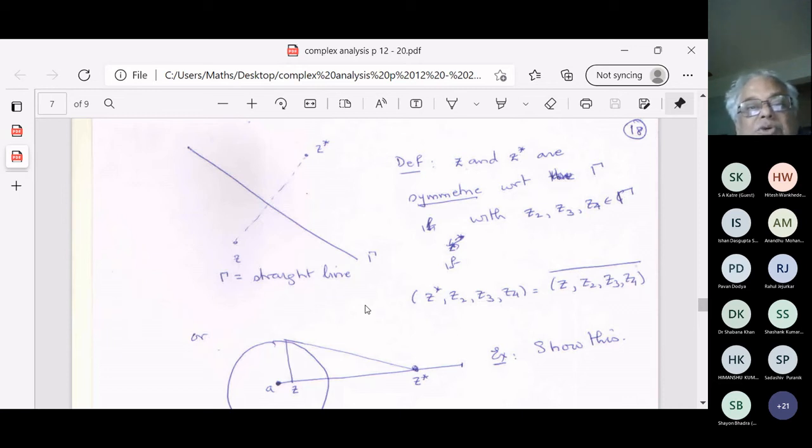So there was a notion of reflection. Again, this notion of reflection in a hyperplane, as I say over and over again, is quite important. And the feedback I got from Sagar and Kaushik was that most of you had a great deal of trouble writing down what the reflection of a point in Rn in a hyperplane in Rn is.